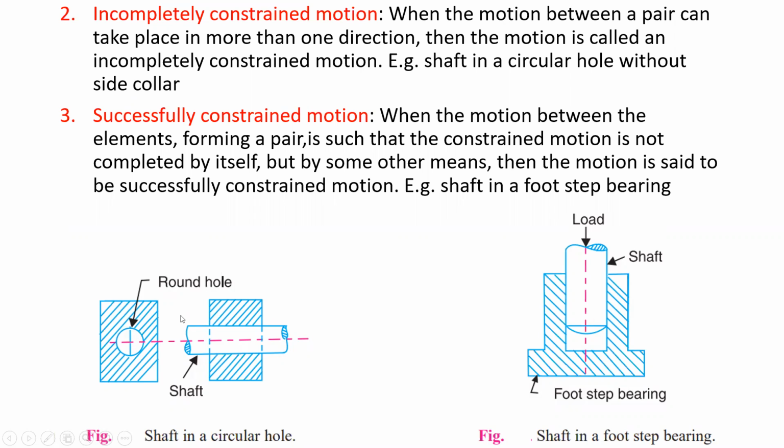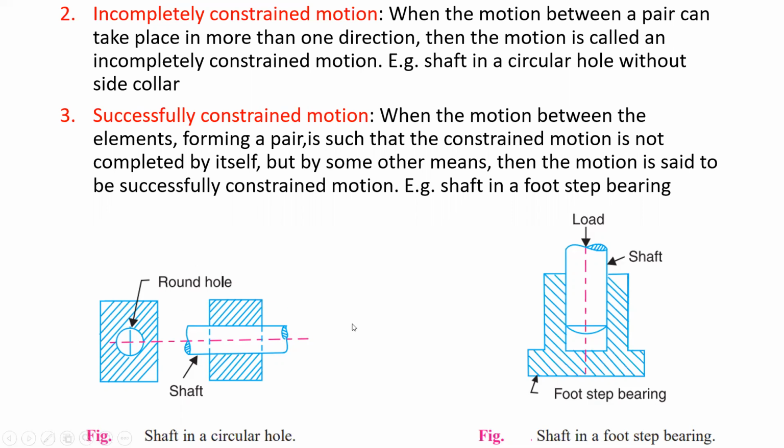So here two motions are possible. One is turning and the second one is sliding in the x direction. So you can say that the motion of the shaft is not completely constrained. It is incompletely constrained. So if you want to make use of this arrangement, you have to first constrain the motion of the shaft. Otherwise, you cannot just loosely use it in this form.